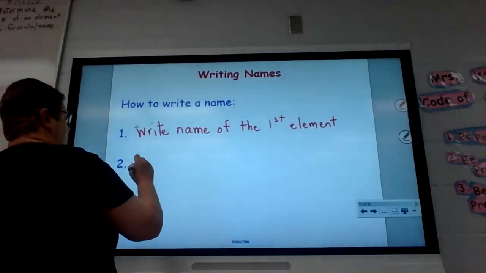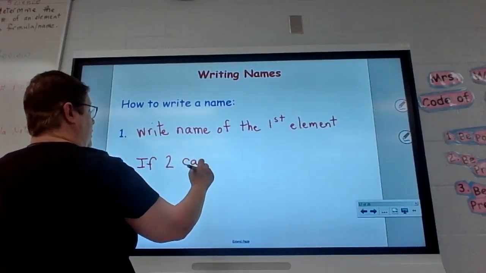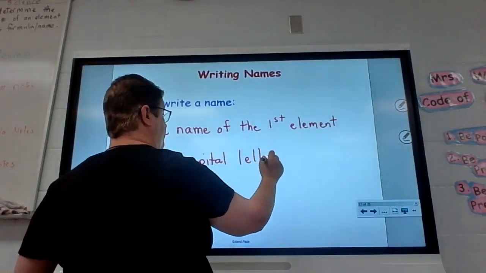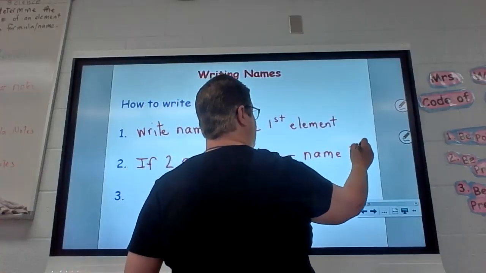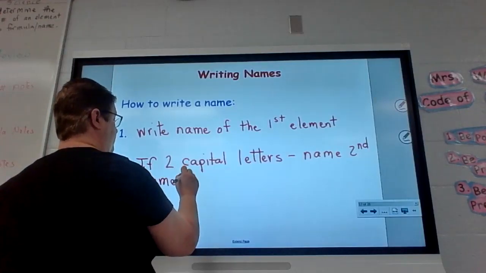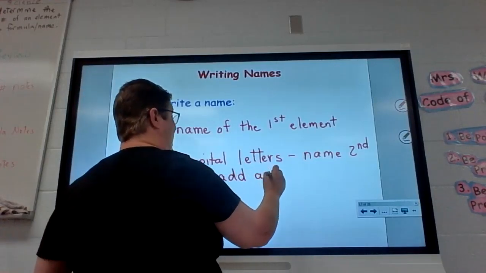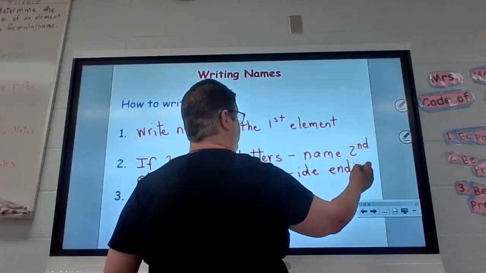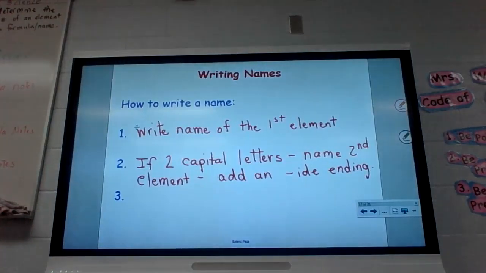So in step 2, if there are 2 capital letters, name the second element, add an -ide ending. I'll give you some of those spellings in a moment.